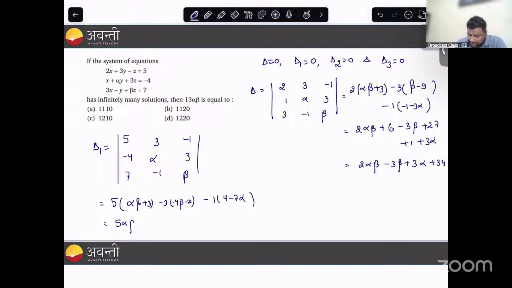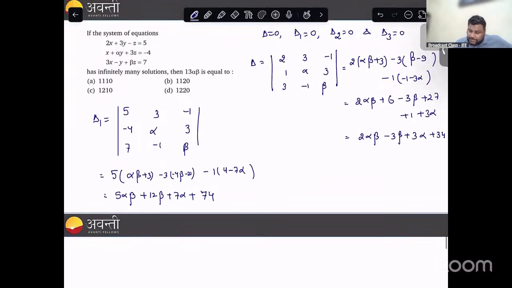So it is 5 alpha beta plus 12 beta plus 7 alpha minus 63 plus 63 plus 15, 73, 78. 78 minus 4, 74.